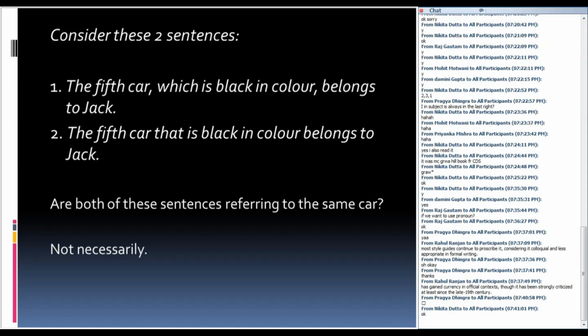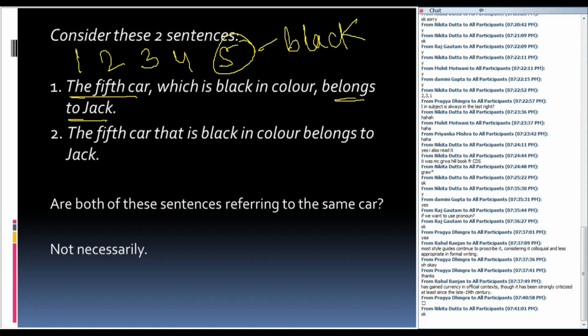Why? Because if you look at sentence number 1, you know that the car which belongs to Jack is definitely the fifth car. 1, 2, 3, 4, 5. It is at the fifth position. That is 100% certain. Plus, you have additional information that this car is black in color.